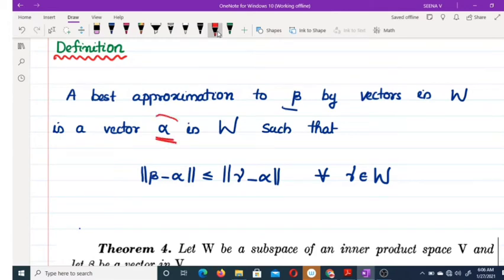This alpha is a best approximation to beta only if it satisfies this condition.